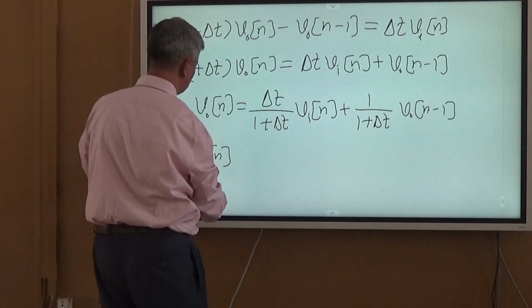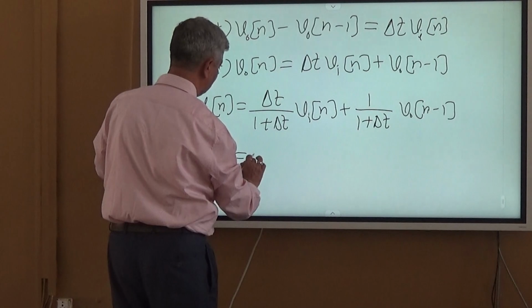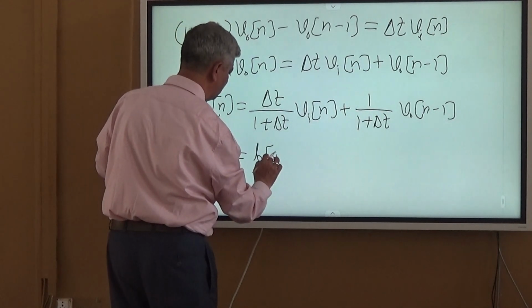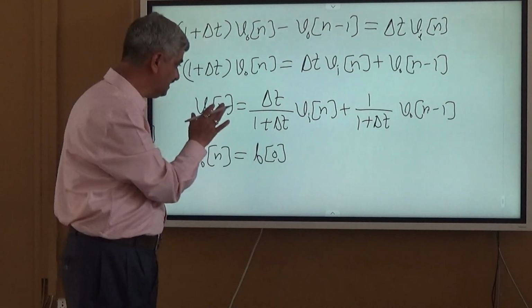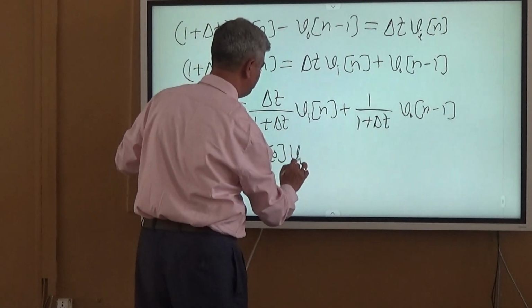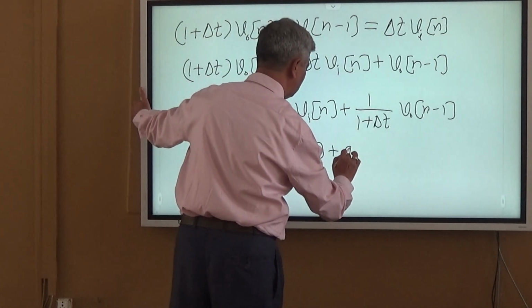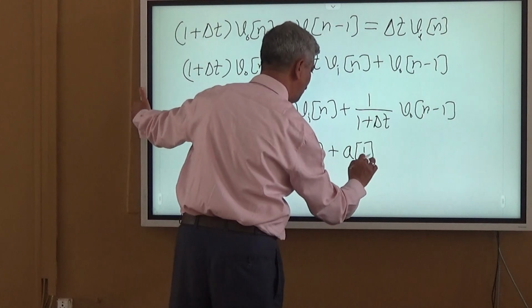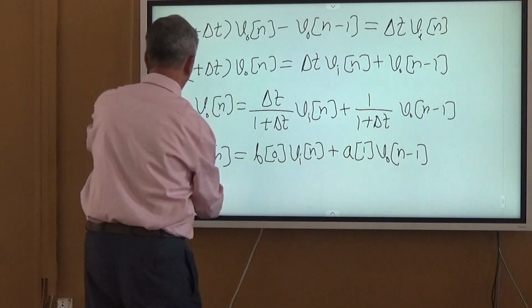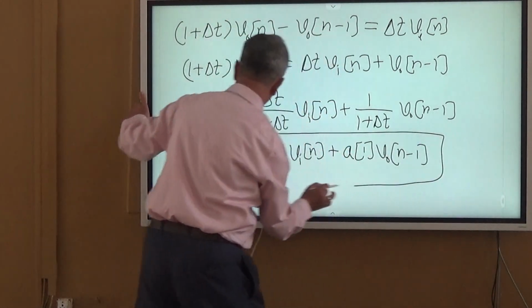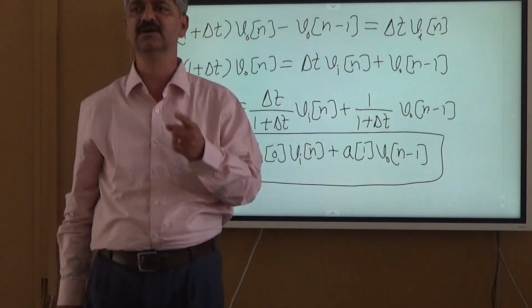So this I will give constants. In giving constants also I am somewhat choosy. This constant I will give as B subscript 0, deliberately. B0 Vin[n] plus A1 VO[n minus 1]. So this is the expression.